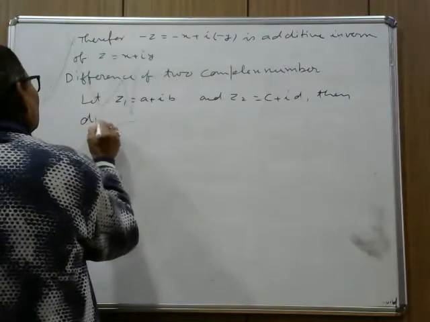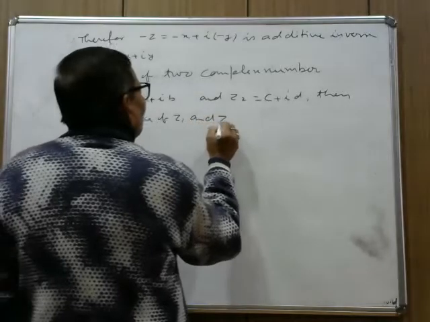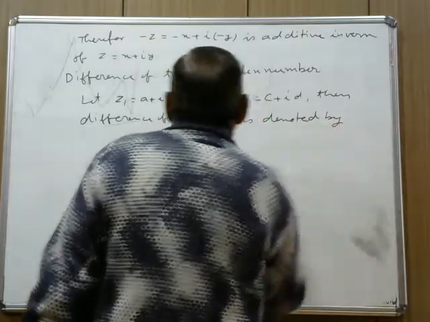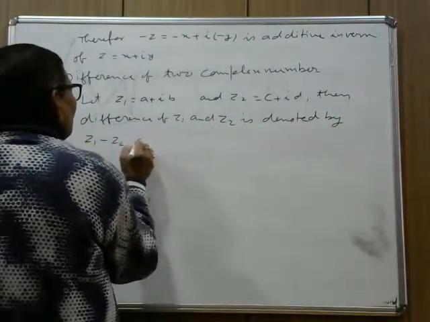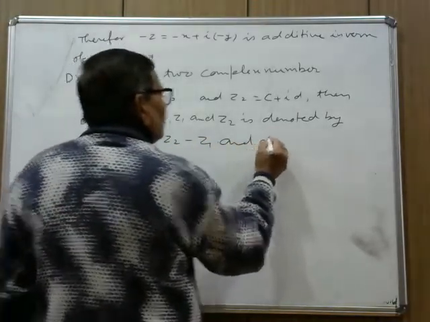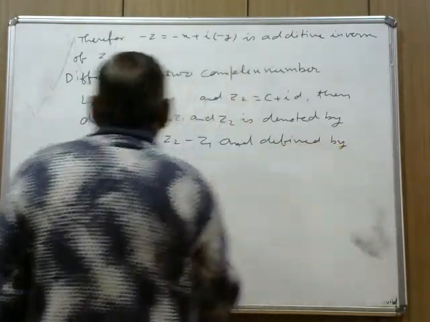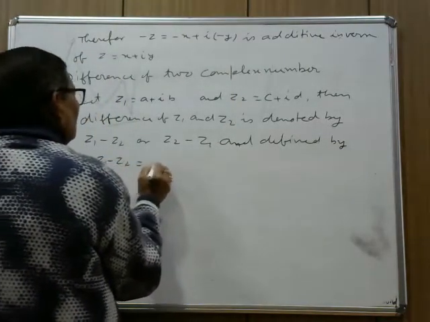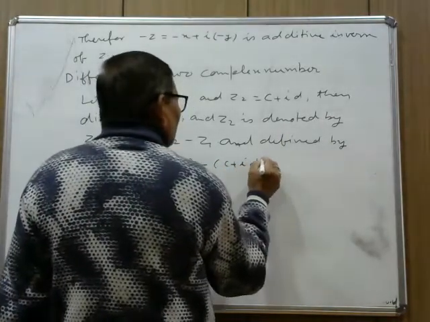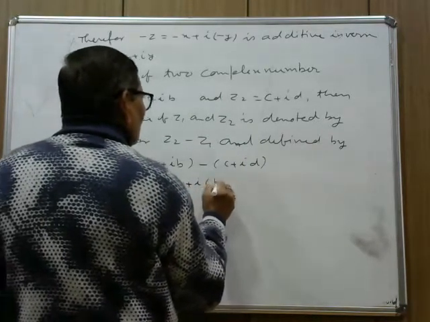the difference of Z1 and Z2 is denoted by Z1 minus Z2 or Z2 minus Z1 and defined by Z1 minus Z2 equal to a plus ib minus c plus id, that is equal to a minus c plus i times b minus d.